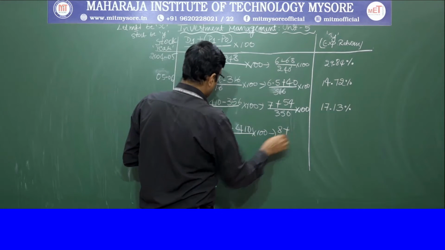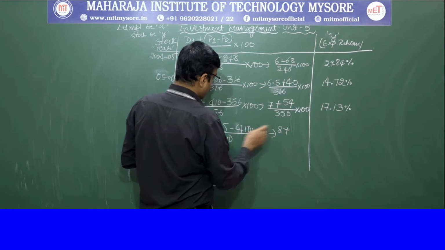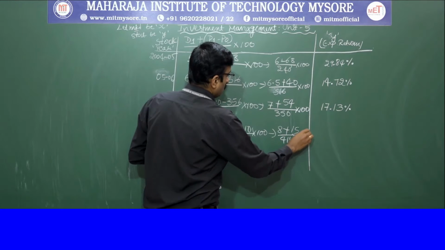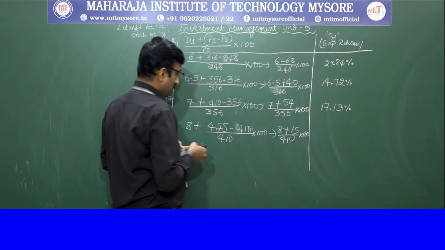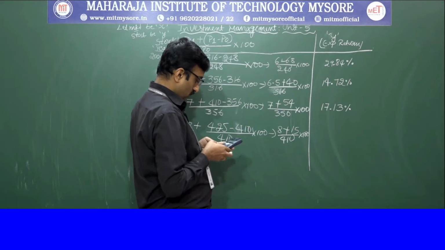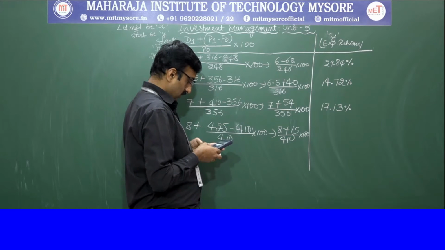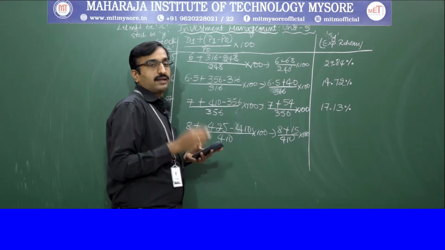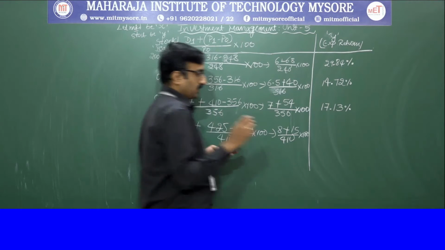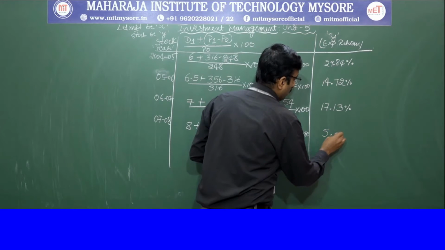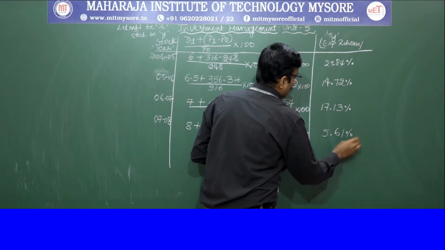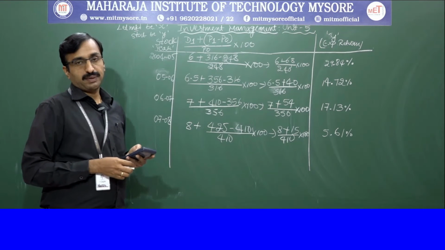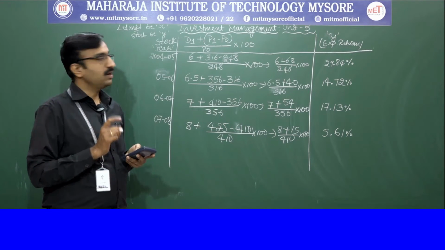That is 8 plus 425 minus 410, which is 15, so 8 plus 15 divided by 410, whole into 100. If you do, you will get 5.61%. This is how we calculate the expected return of y, the individual stock.